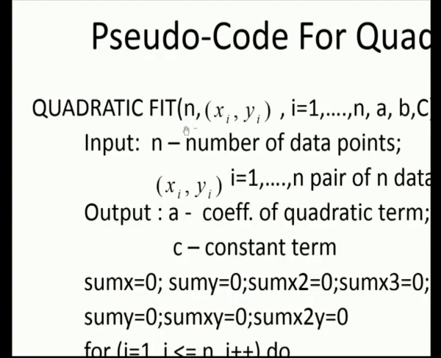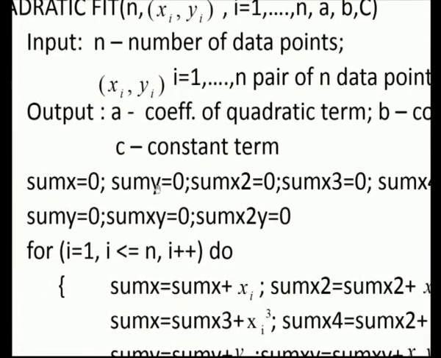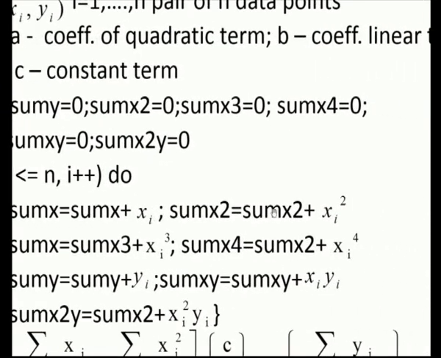As usual, the inputs are the n number of points, x_i, y_i for i equal to 1 to n, and a, b, c: a is the quadratic term coefficient, b the linear term coefficient, c the constant term. So, you need to compute summation x squared, summation x cube, summation x power 4.